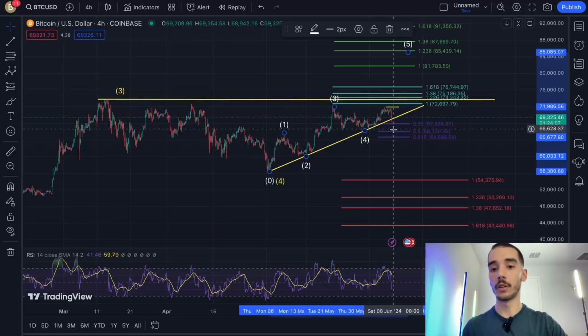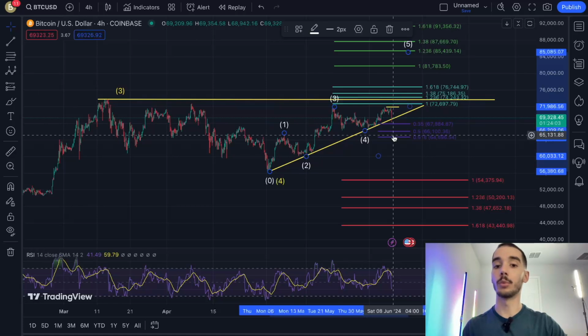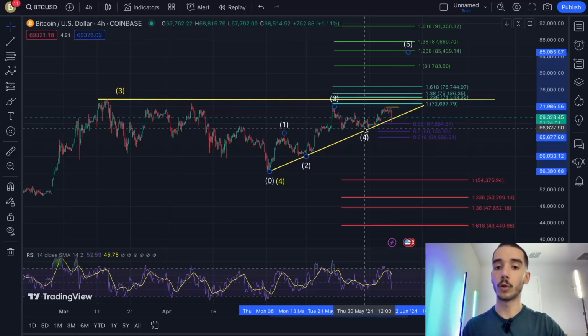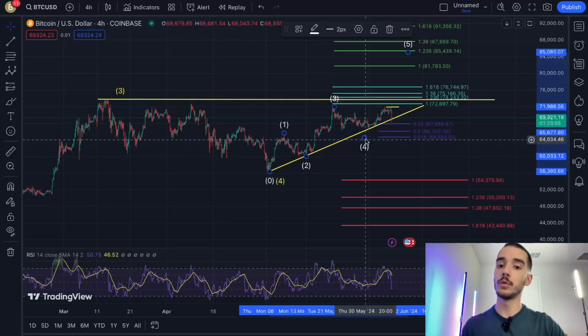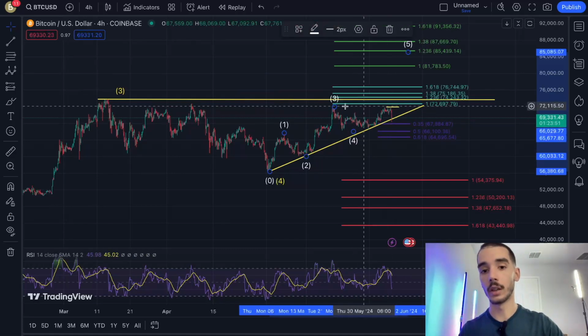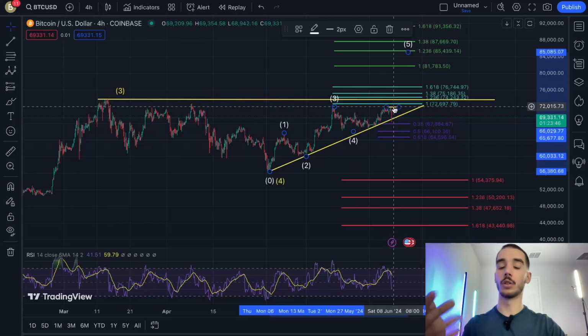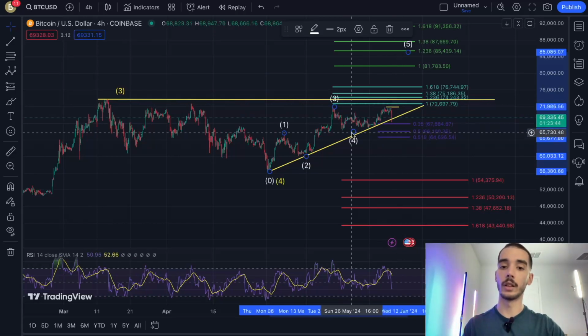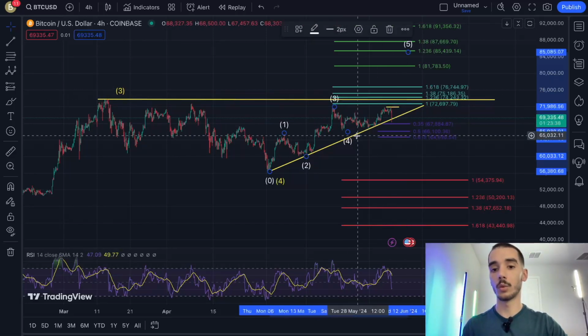But if we do fall down lower and test the boundaries of this purple support area, this fourth wave can also be pushed down as well. And if this fourth wave moves, if it's not for sure put in, again, confirmation will be as soon as we break this shorter term high or a swing high, then that would indicate, at least in my opinion, that the fourth wave is for sure in. But until then, we're waiting.